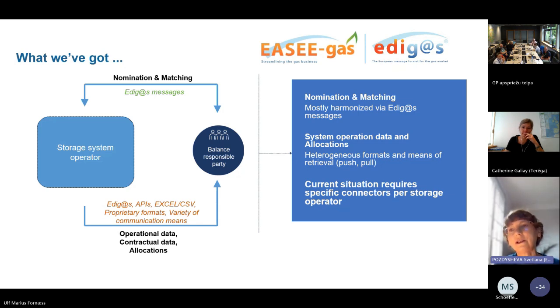Again, it is manageable but not harmonized. At some point we did have to interpret PDF files, which is really not good, because in most cases it's a picture, and it's difficult to interpret a picture. So this part is for the moment heterogeneous, and this situation requires a one-to-one implementation.